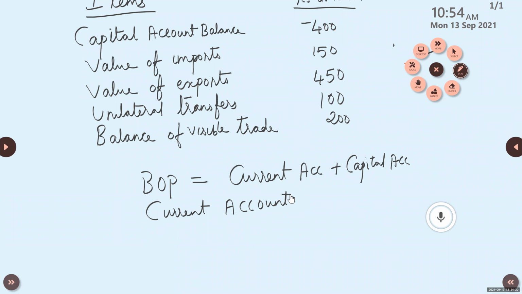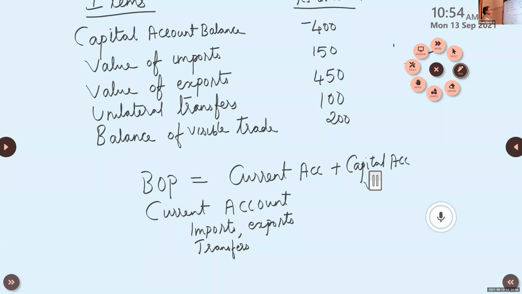Imports and exports, then unilateral transfers, I'm just writing as transfers. Anything else? No, right? So imports, exports, and transfers will come under the current account. For the capital account, they have directly given the capital account balance, so that can be taken.